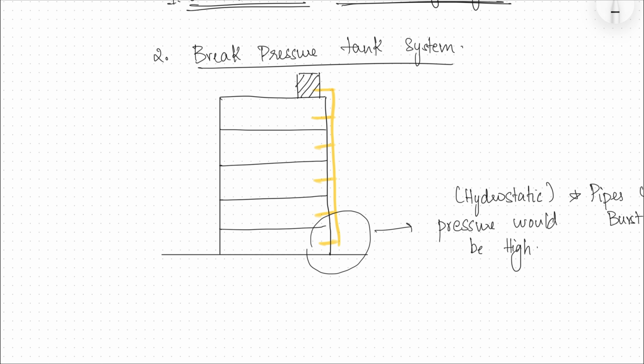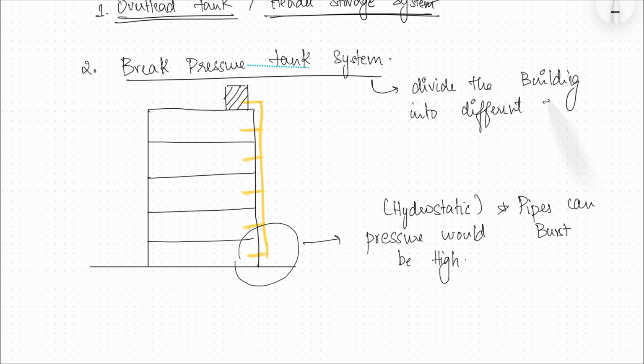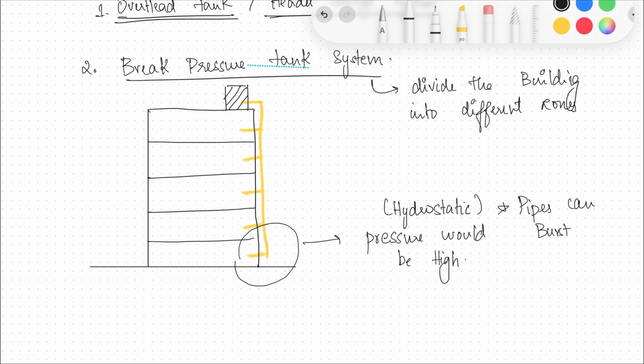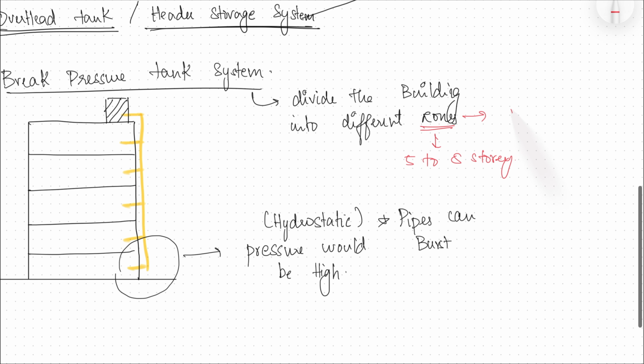Okay, so what they do is they divide the building into different zones, and each zone can be up to 5 to 8 stories, and each zone has one break pressure tank.